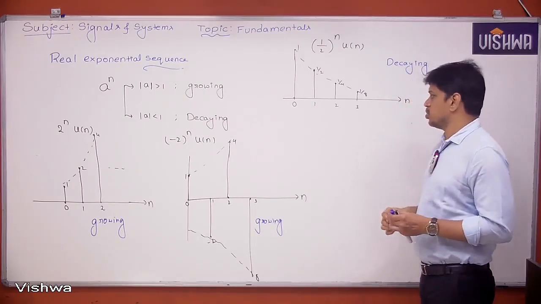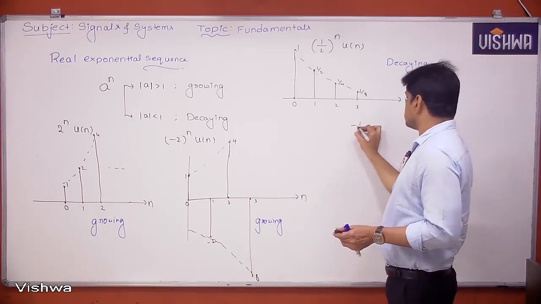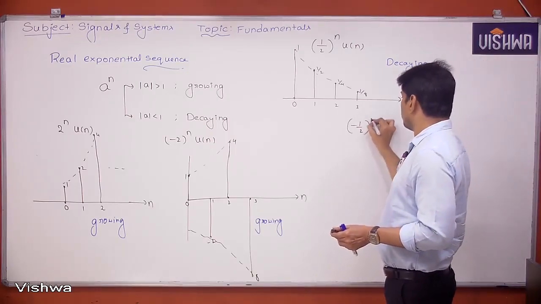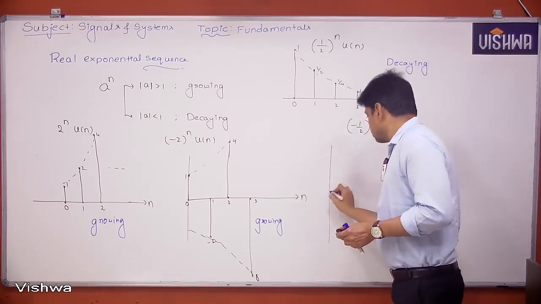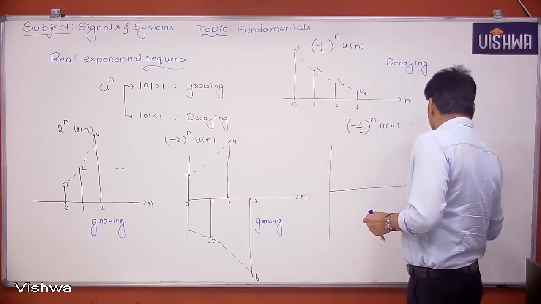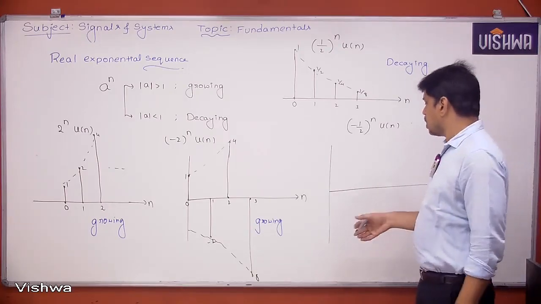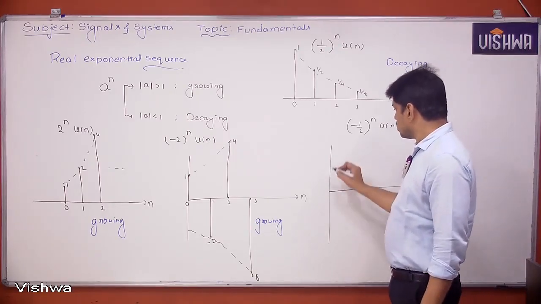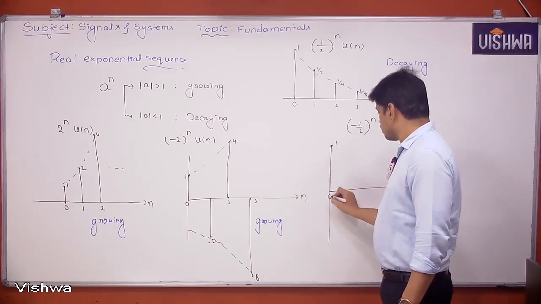Decaying exponential. Suppose I take another example, minus 1 by 2 whole power n u of n. If I draw this curve, again it is a decaying exponential, only the change is alternate positive and negative signs. What do you mean by that? Suppose n is equal to 0, again its value is 1.